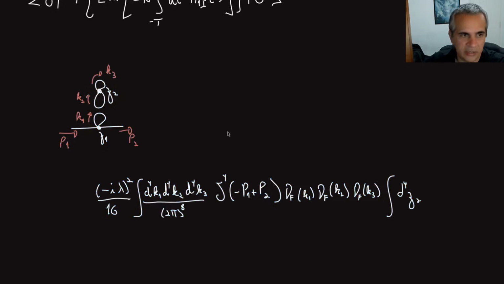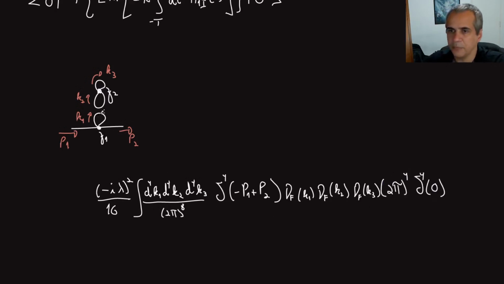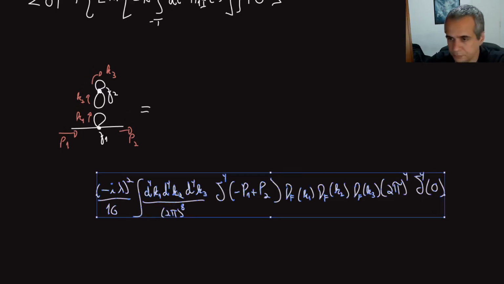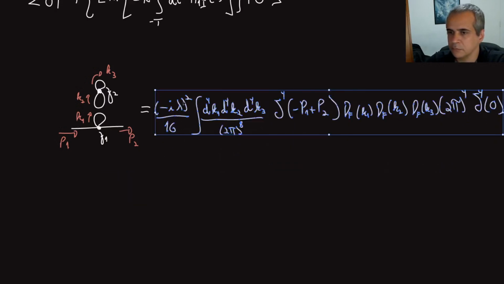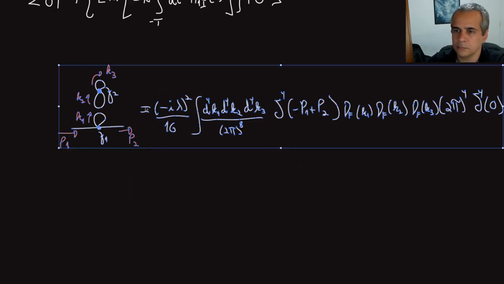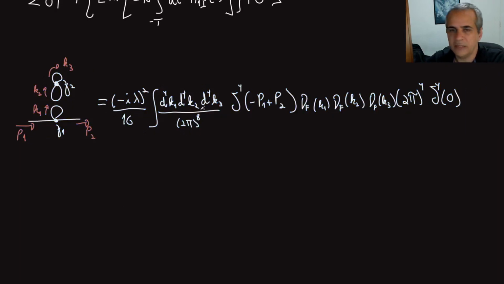And let's look at the expression we have here. Let me write this as the Dirac delta of 0, right? And this is essentially the diagram we got. And let's reorganize this thing. Right? Let me cherry pick some parts here and show you the following thing, right?